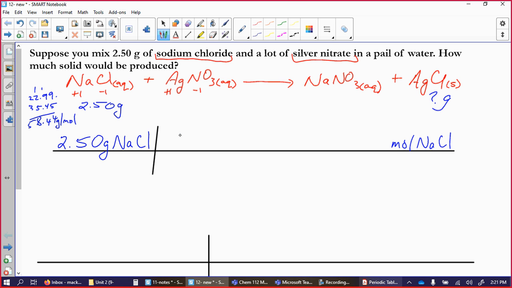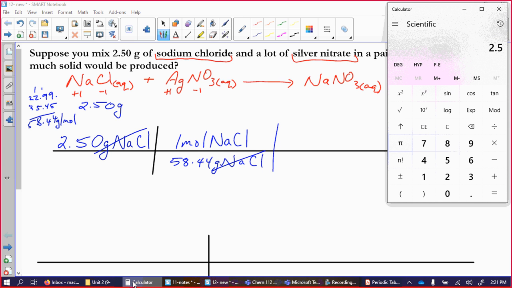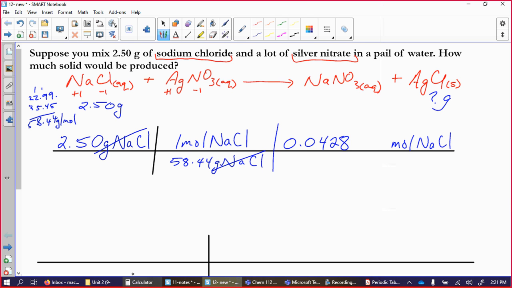So 1 mole of sodium chloride is equivalent to 58.44 grams. I'm putting grams in the denominator, so grams of this can cancel with that. We can do this times 1 divided by that. Pull out our calculator. 2.5 divided by 58.44. So this gives me 0.0428 moles of sodium chloride.